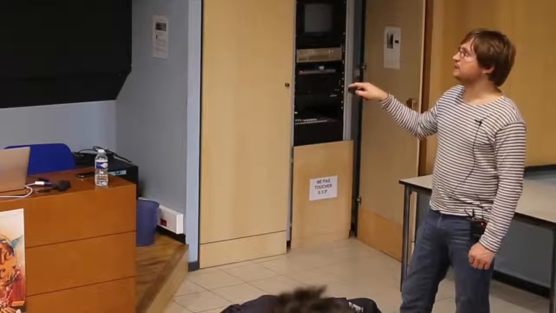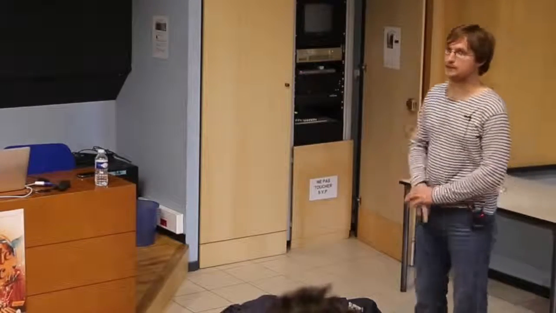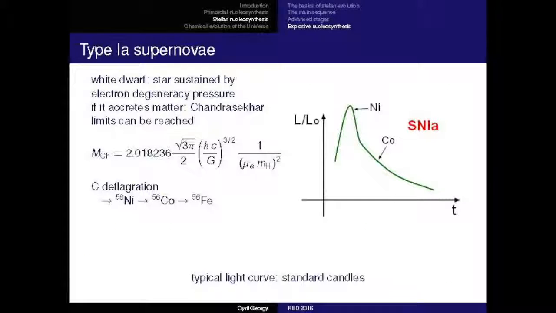One great thing with this kind of explosion is that as they occur roughly all at the same mass, because it happens close to the Chandrasekhar limit, they all have the same luminosity at the peak. So we can use these supernovae as what we call standard candles.